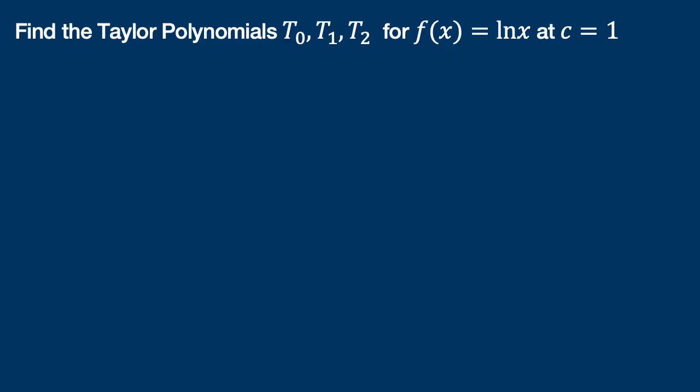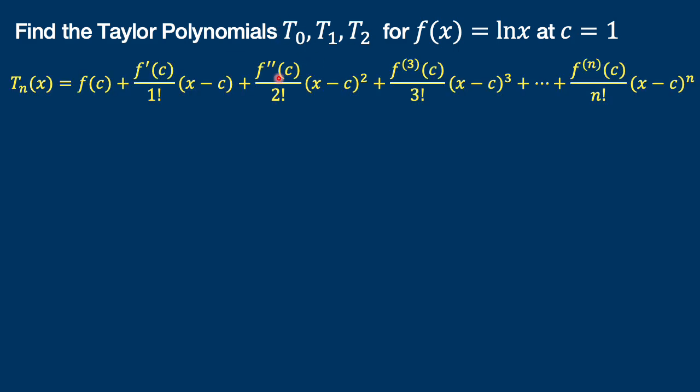Let's have another example for Taylor polynomials T0, T1, T2 for the function ln x. The center is 1. What is T0? Here is the Taylor polynomial of degree n. We want to find degree 0.